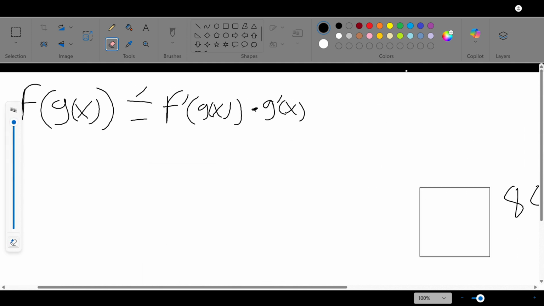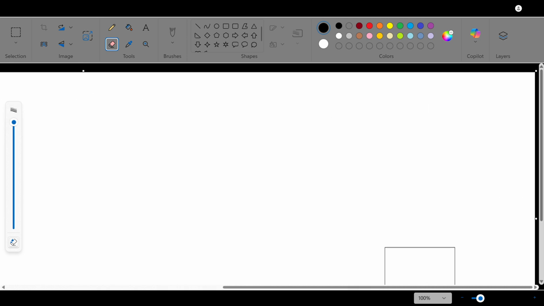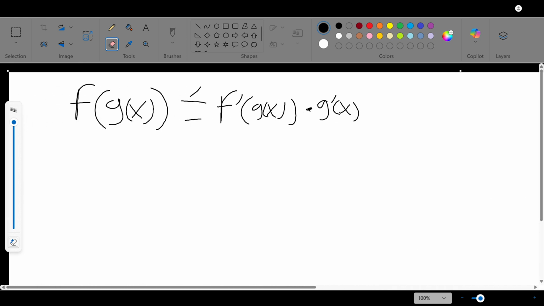Now, what some people, evil people, would do is combine two rules into one. I hate those people. If I catch myself talking to one of those people, I will most likely starve myself because those people hate themselves and hate other people. So, let's say they combine chain rule plus product rule.